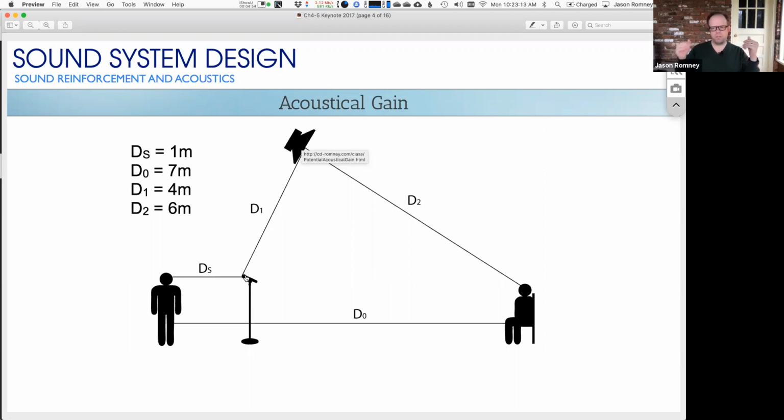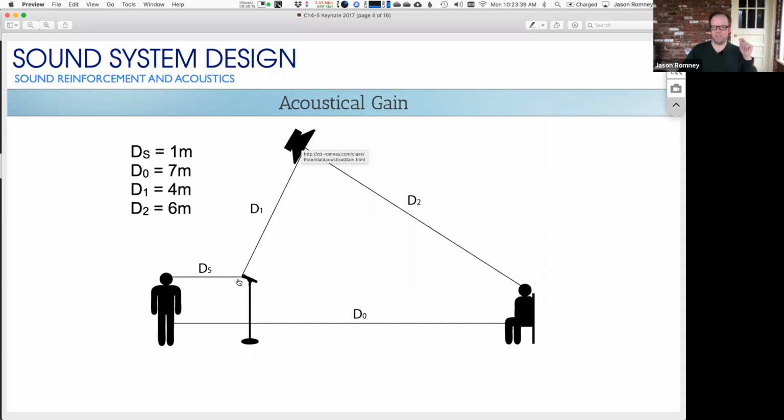Let's say the talker is talking into that microphone and you get 70 dB SPL at the microphone. So we know that feedback will happen when the sound from the loudspeaker also hits the microphone at 70 dB SPL, right? Because I just said that.